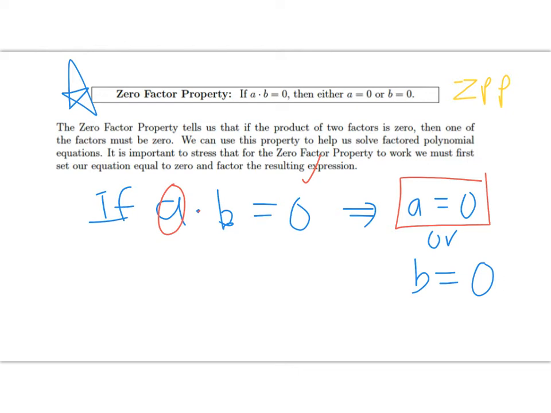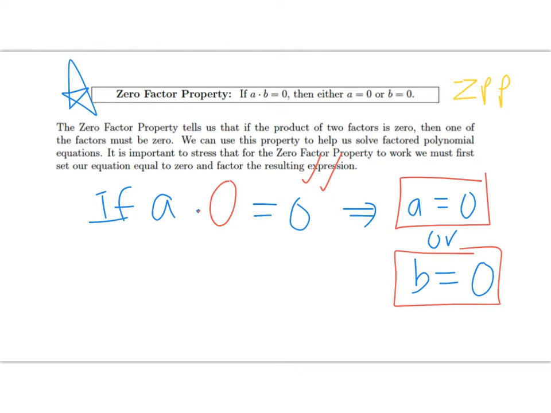And if A is not equal to 0, then B could potentially be 0, because isn't A times 0 also equal to 0? So those are the only two ways to get a result of 0. Either the first thing equals 0 or the second thing equals 0.